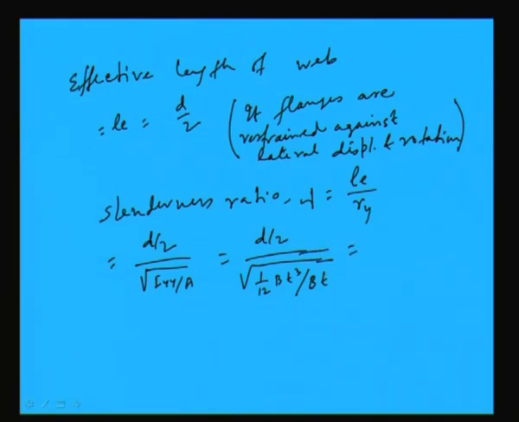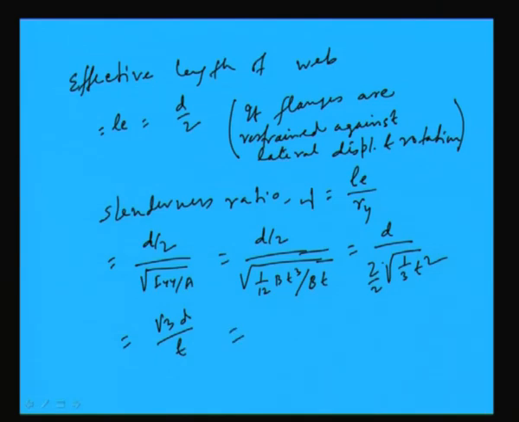If we calculate this value, this will finally become d by 2 into the square root of 12 by t square, that is 1 by root 3, so root 3 d by t.